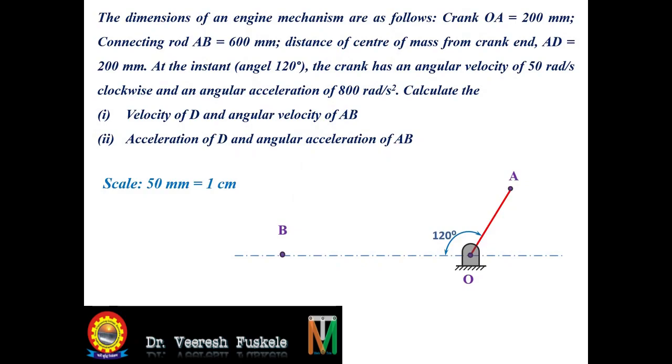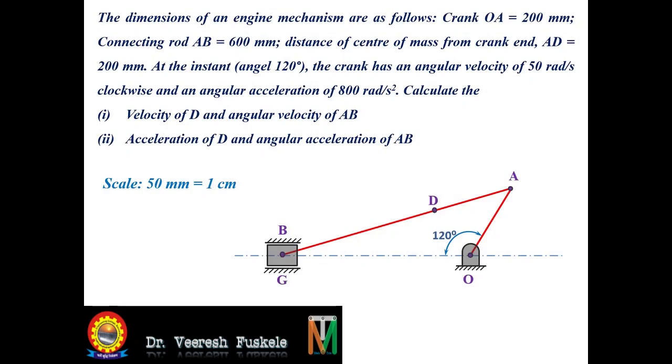So this point B will have the slider and the other end will be connected to A. So AB will be the connecting rod. The slider will be reciprocating between these two guides, which is the point G of the frame of the mechanism. So O and G are the fixed points.